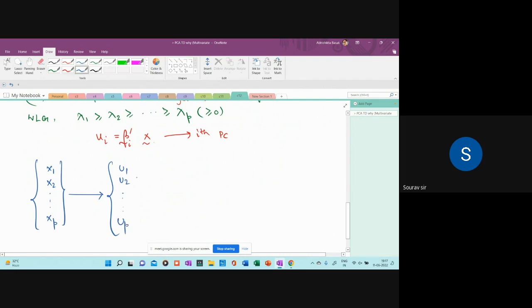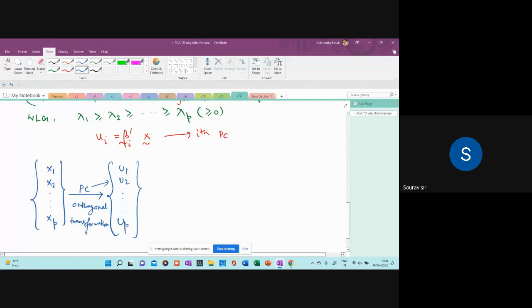So the problem is that the dimension is not reduced. These are my PC components, but till now the dimension is not reduced; this has been done with just an orthogonal transformation.